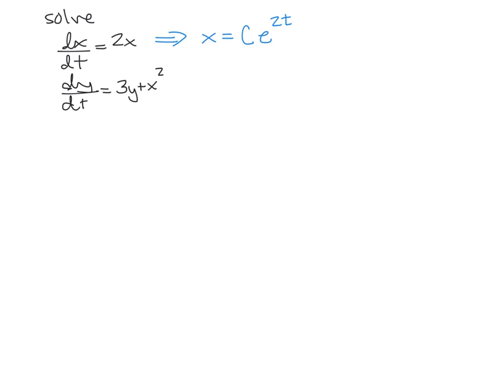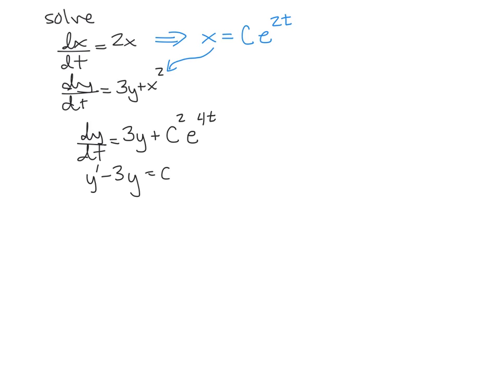Now what we're going to do to solve for y is we're going to put that x into that other equation. All right, so then what we get is dy dt equals 3y plus x squared. So that's c squared, and then e to the 2t squared, that would be e to the 4t. All right, let's see. How would I solve this? I think I'd probably use integrating factor. So let me subtract 3y over to the other side.